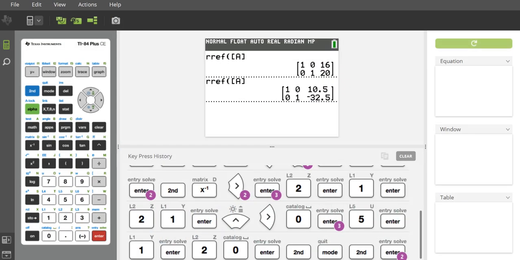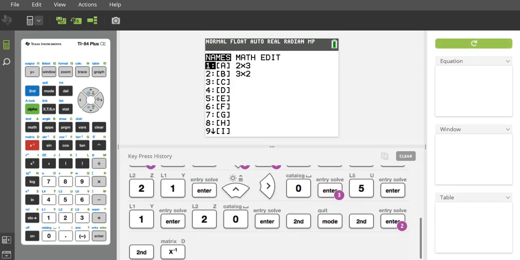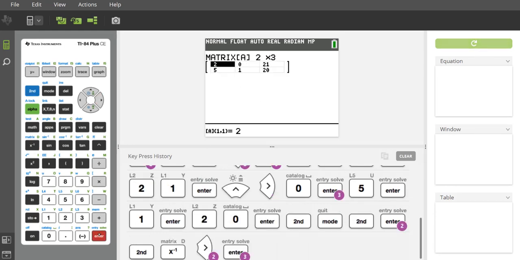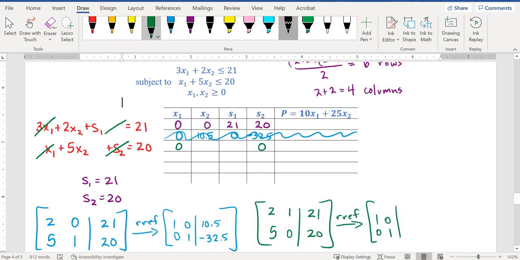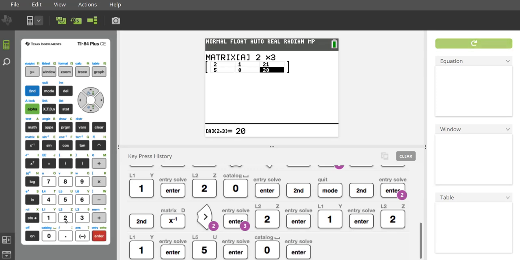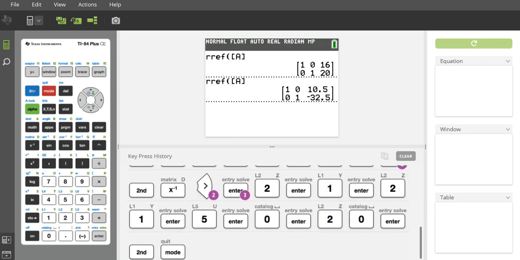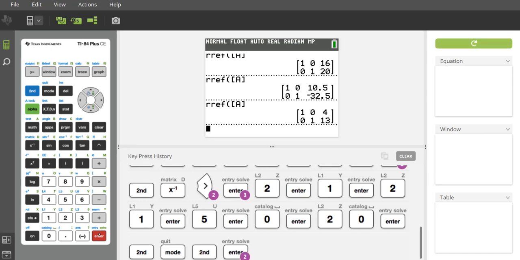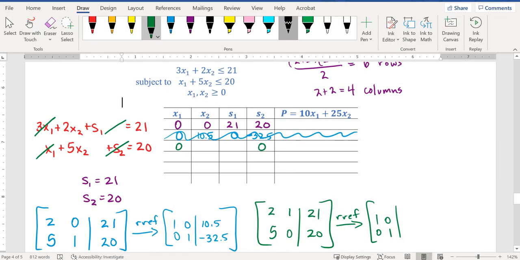All right, here we go. My solutions are 4, 13. So if x1 and s2 are 0, then x2 will be 4 and s1 will be 13. That is a basic feasible solution.